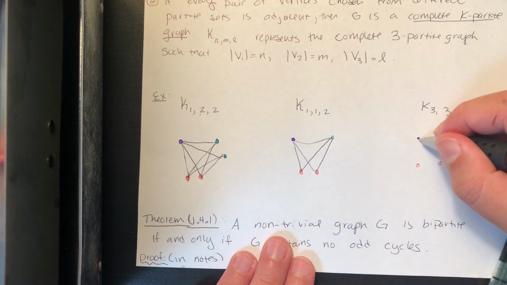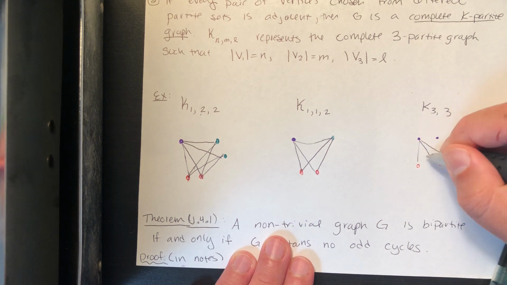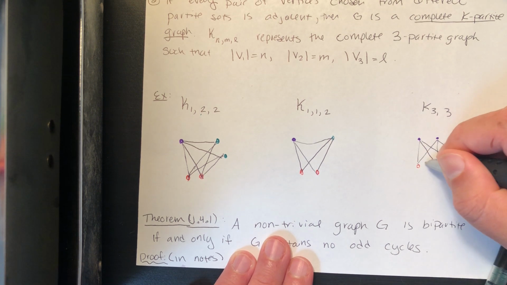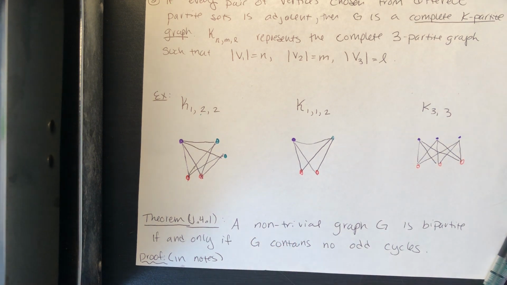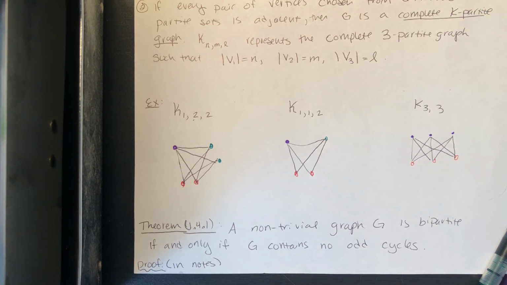So that means I need these 3 edges here, I need these 3 edges here, and I need these 3 edges here. Okay. So a good thing to think through is how many edges are you going to have in general in some kind of complete k-partite graph, and how many vertices are you going to have?